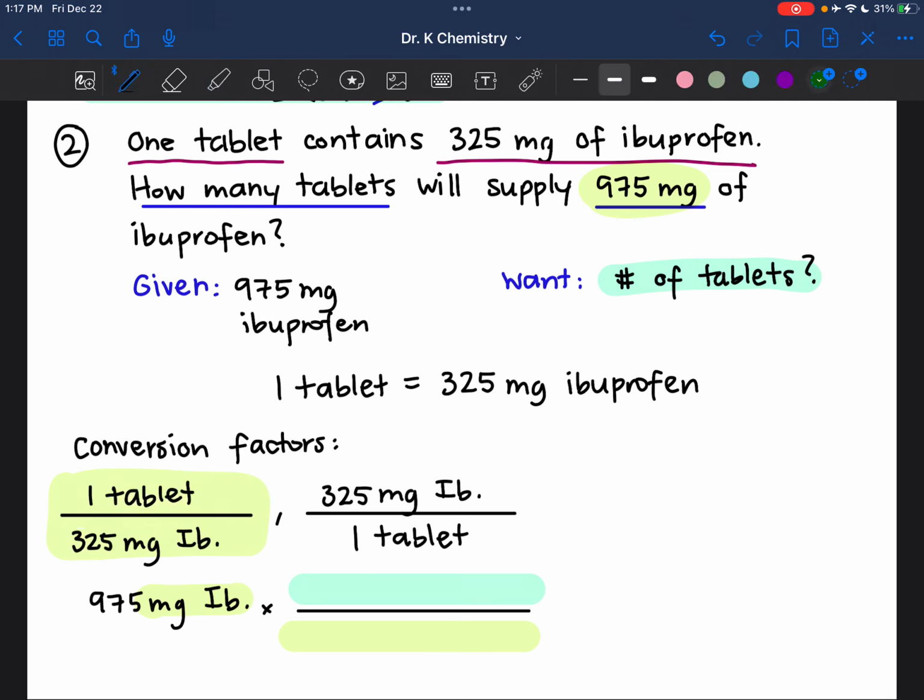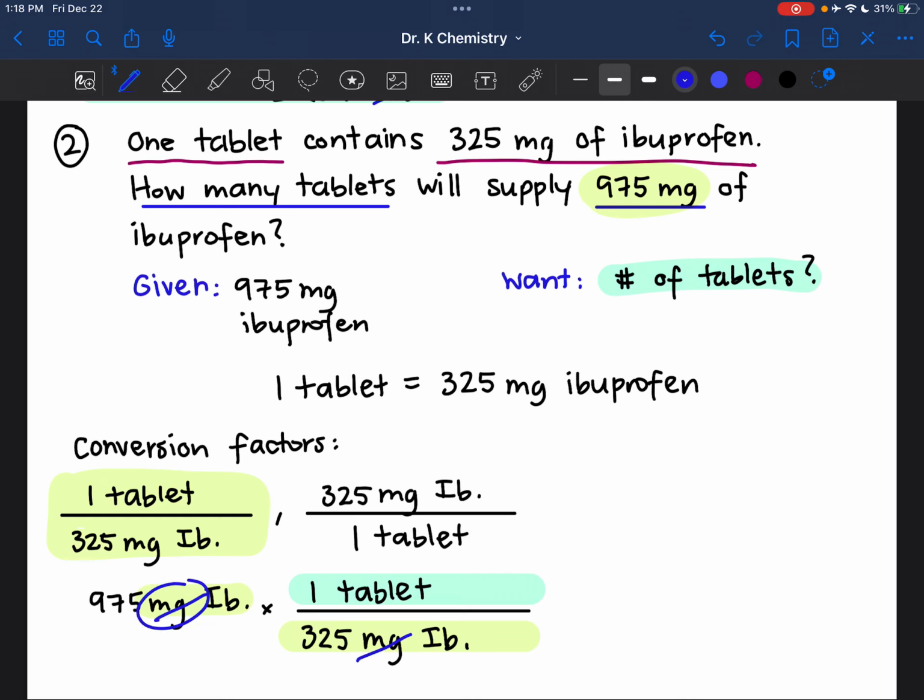And it so happens that the one on the left is, again, the conversion factor that we need. Not always the one on the left, but in this case, milligrams are on the bottom, and that is what I want to put in the denominator. And in 325 milligrams of ibuprofen, well, that will be equivalent to one tablet.